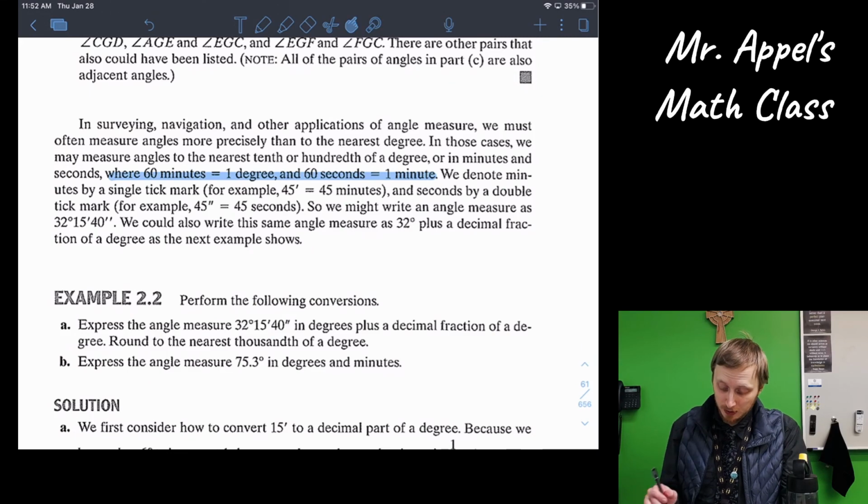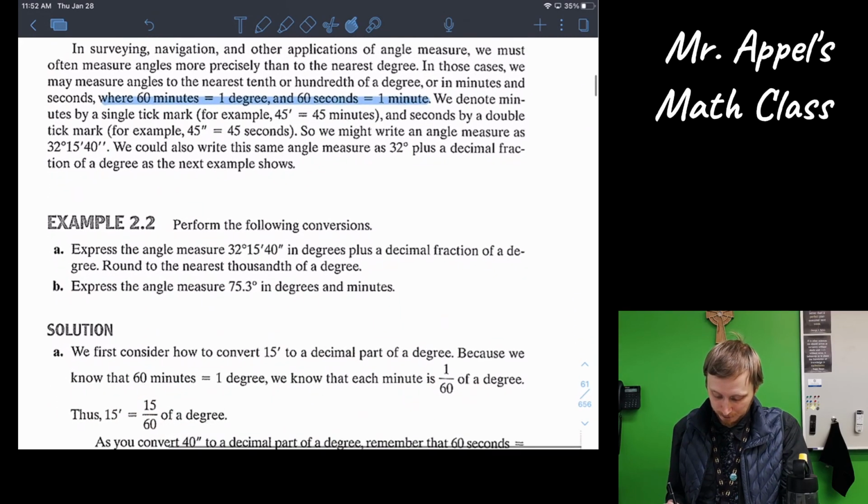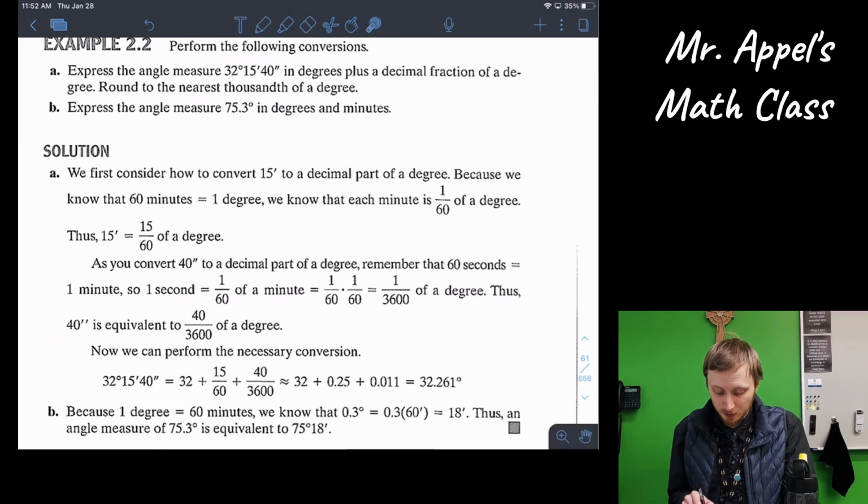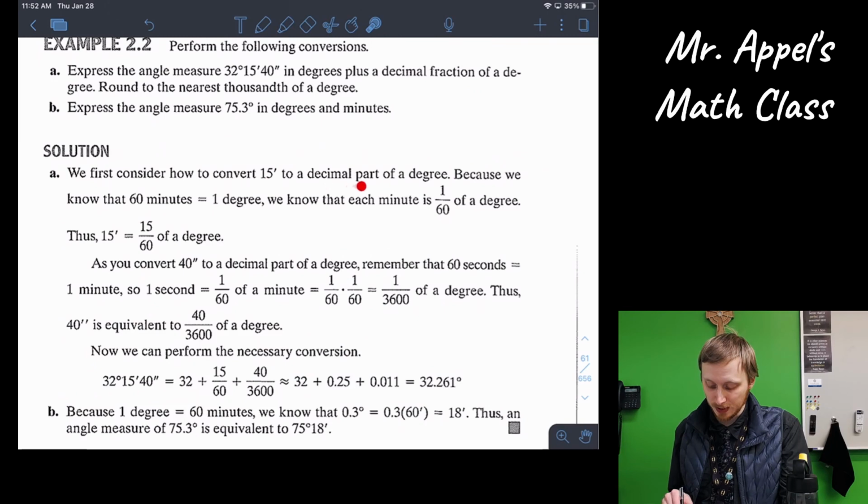And now that you're back, let's take a look at the solution. So we first consider how to convert 15 minutes to a decimal part of a degree. The 32 is already fine. Because we know that 60 minutes equals 1 degree, we know that each minute is 1/60th of a degree. So thus 15 minutes equals 15/60th of a degree.